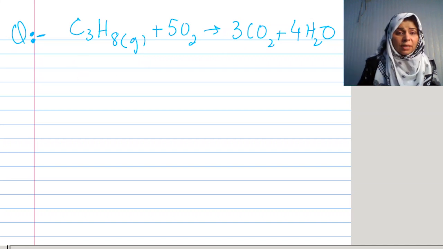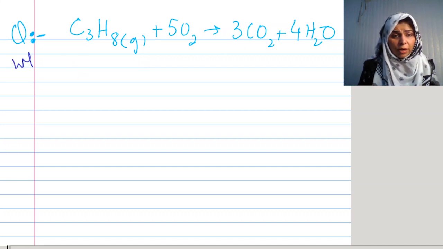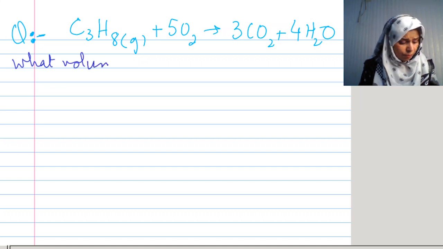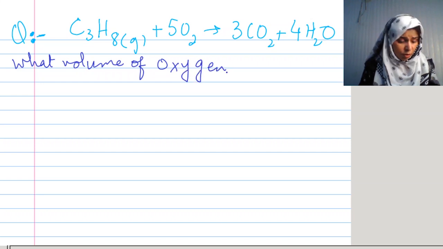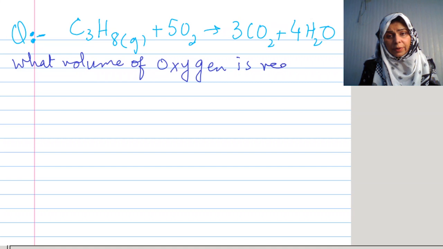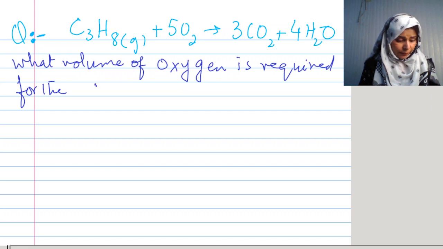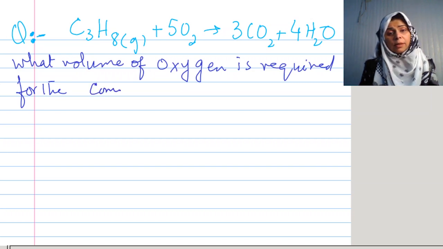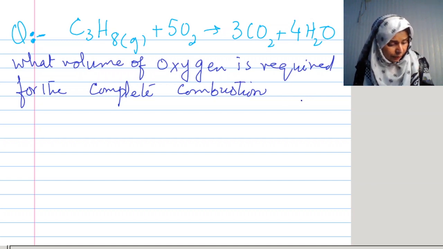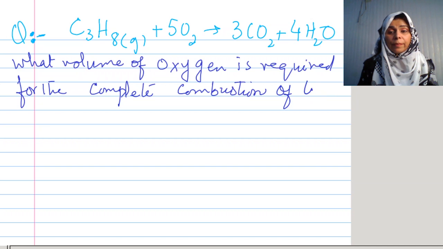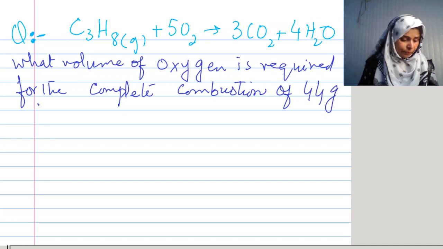Okay, the question is: what volume of oxygen is required for the complete combustion of 44 gram of propane?